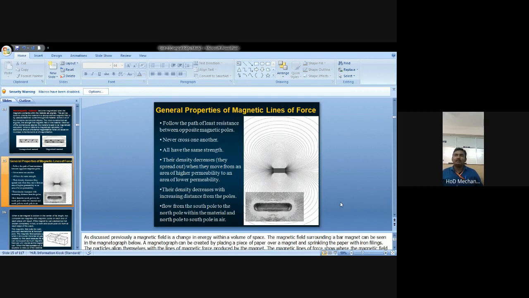Here we go to see the general properties of magnetic lines of force. The picture shown here is the defect or flaws in the magnetic field.